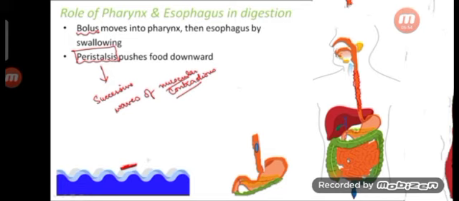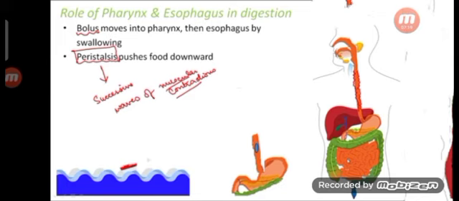The second point is that peristalsis pushes food downward. What is peristalsis? This can come for 1 mark, so you have to know about it. Peristalsis is the successive waves created by the muscles present inside the esophagus.